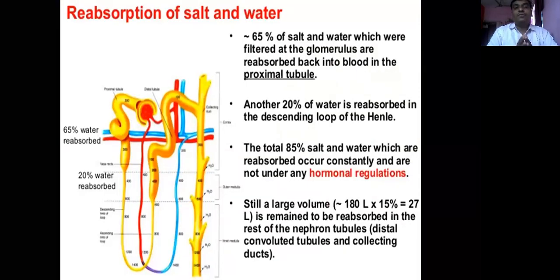The reabsorption of water as well as salt takes place in this PCT, 65% of the salt and water. In some books it is noted that the percentage varies, from 65 to 85, and the remaining reabsorption takes place in the loop of Henle.